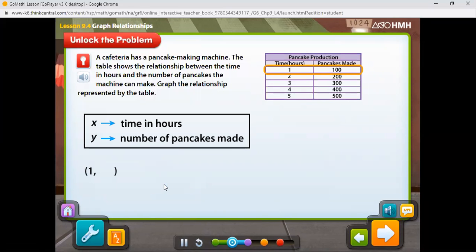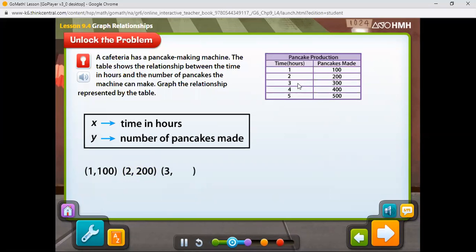According to the first row in the table, when X is 1, what's the value of Y? The value of Y is 100, so the ordered pair for the first row is 1, 100. When X is 2, Y is 200, so the ordered pair is 2, 200.